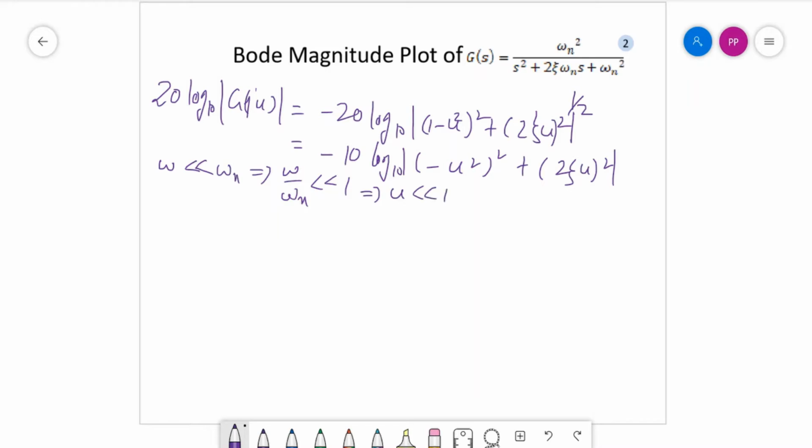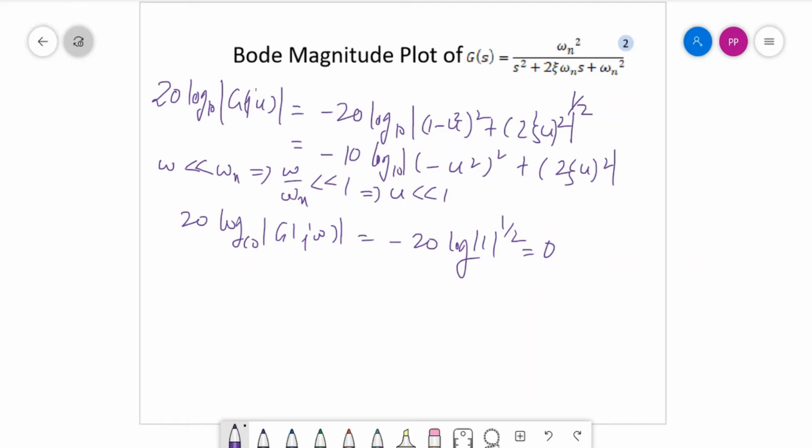So in that case we can write 20 log base 10 mod of G(j omega) should be equal to, so you have the minus 10 in front, so log of, when u is very much less than 1, then the first term in the bracket will be equal to 1 and the second term will be negligible, so it will become log 1 actually. So log 1, this will become 0.